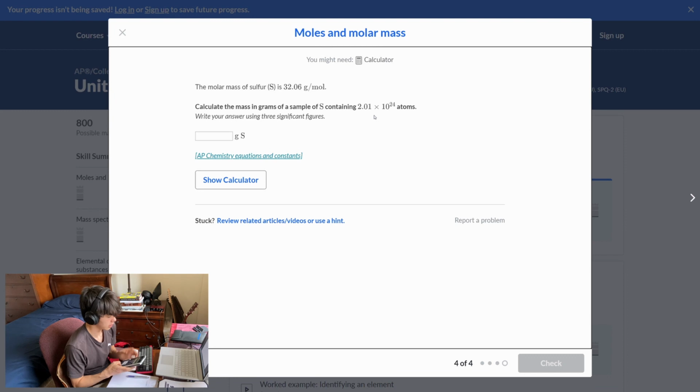So we multiply these two together to cancel out the moles. You have this many grams per mole and we know how many moles we have. Then we multiply them to find how many grams we have. 3.88 times 10 to the 49.